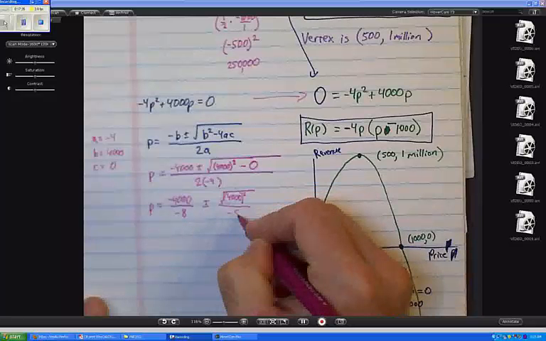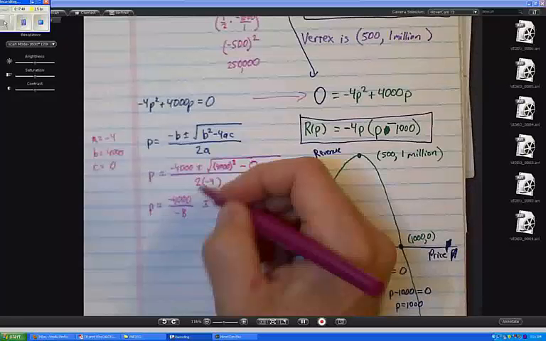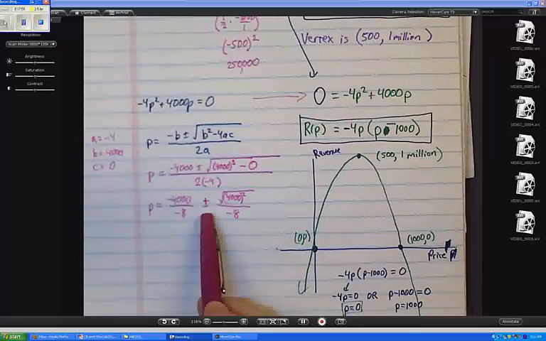You notice I just split that up into 2 fractions, and I have this plus or minus here. The reason I did that, I'm trying to make a point here that something happens in this problem. You get 2 solutions, one from the plus and one from the what?